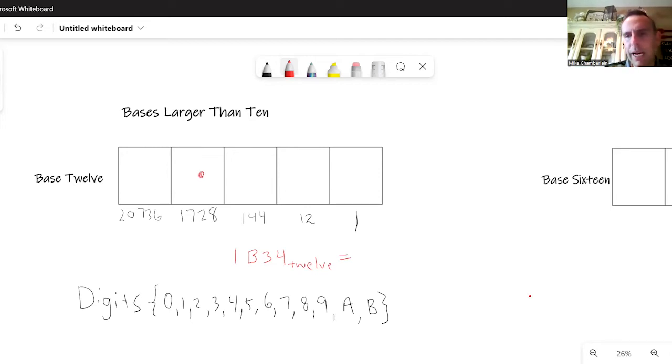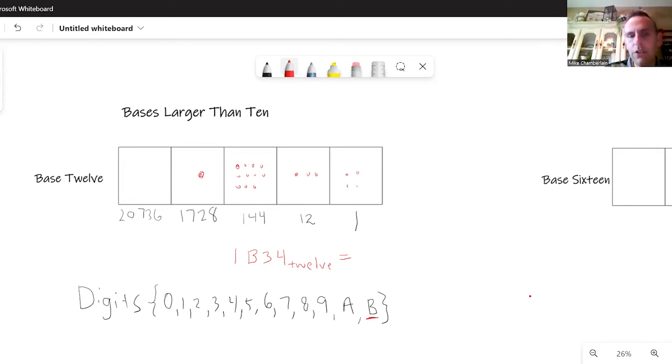You have B dots in the 144th place. Remember that B is equivalent to a value of 11. So you would have 11 in this place. And then in the 12s place, you have a 3. And in the ones place, you have a 4.